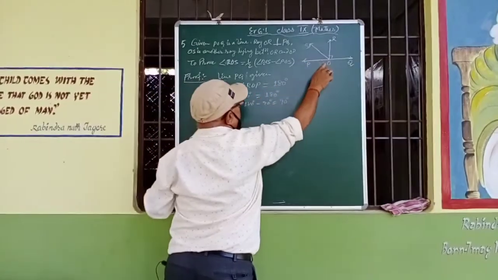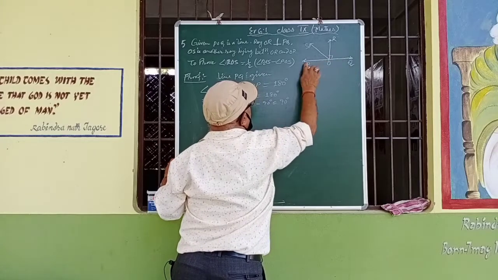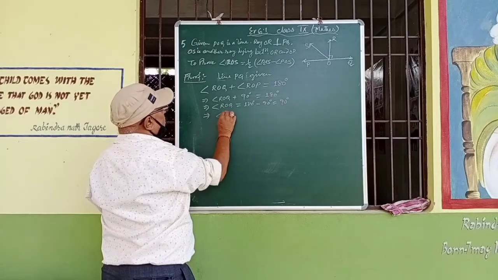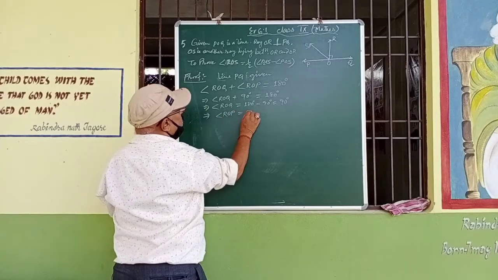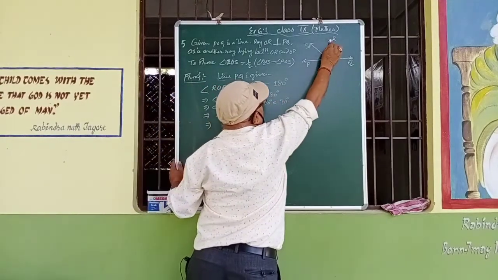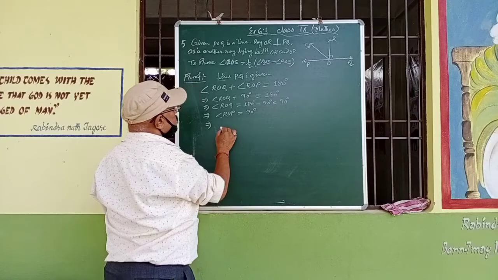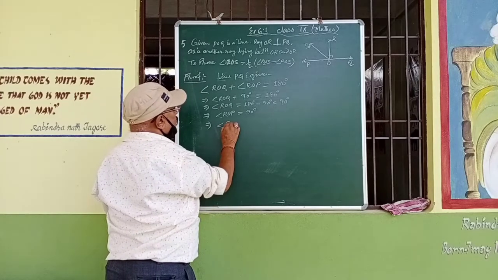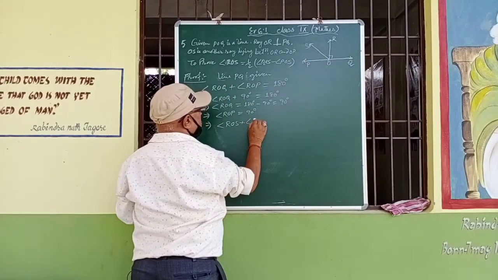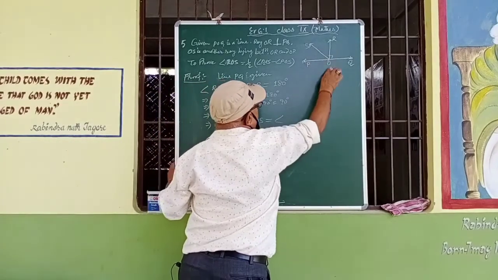Now ROQ is equal to ROP, or ROP is equal to 90 degree. So ROP we can write ROS plus SOP, ROS plus POS is equal to ROQ.